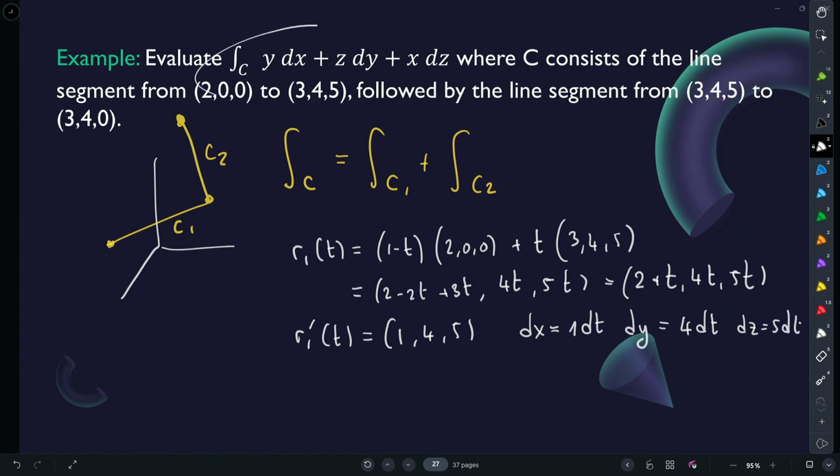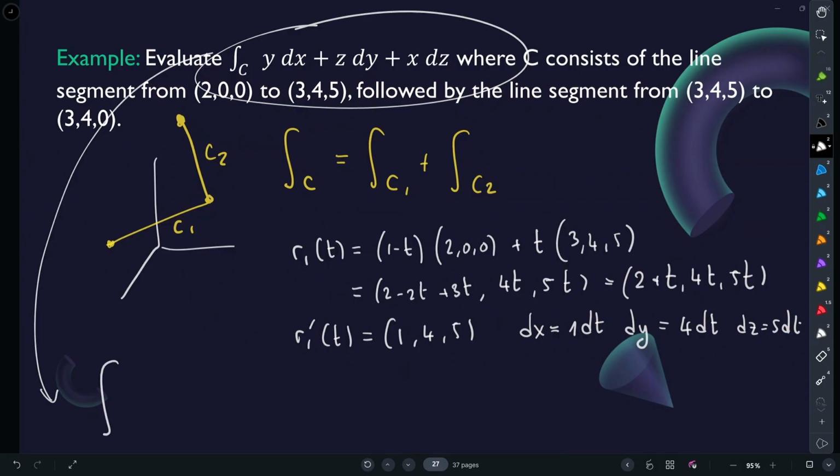So the integral that we want to do is going to be the integral, well, the time bounds are from 0 to 1. It takes you from one point to the other. So I'm going to integrate from 0 to 1. The y coordinate is 4t times dx. dx is just 1 dt, so it's times 1, plus the z coordinate, which is 5t, times dy. dy is 4 dt, so I have to multiply by 4.